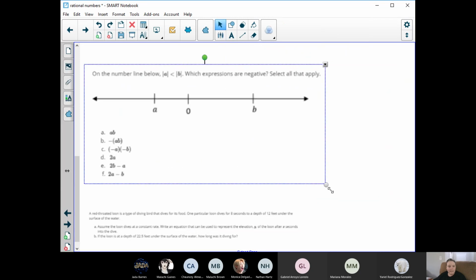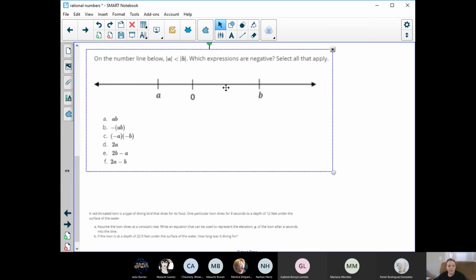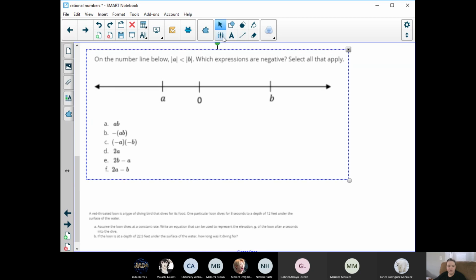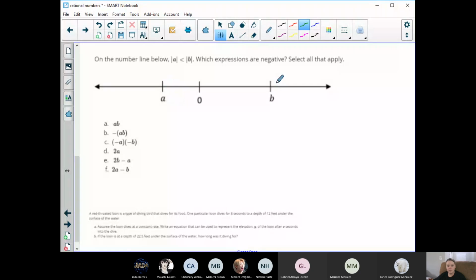All right, so the first one says, on the number line below, A is less than B. Which expressions are negative? Okay, so when we want to know what expressions are negative, we're looking for just based on what we see in the number line, what would give us a negative answer.